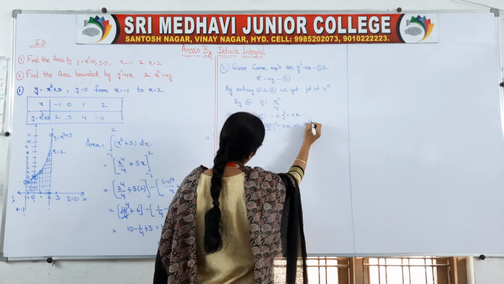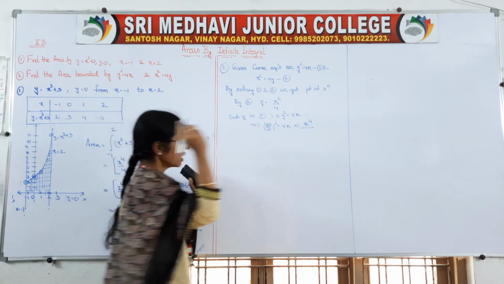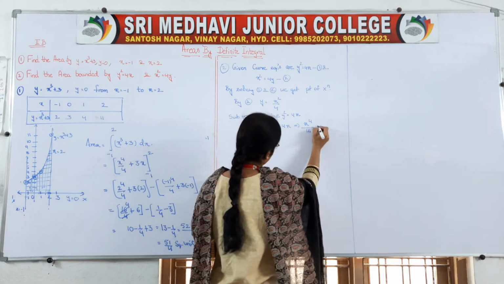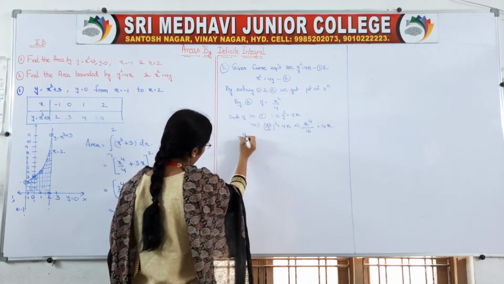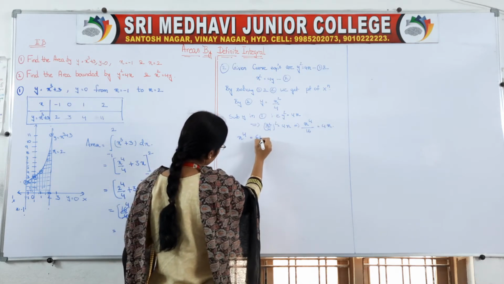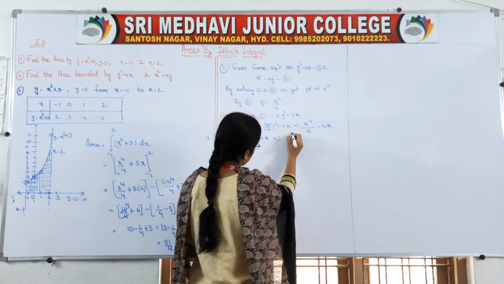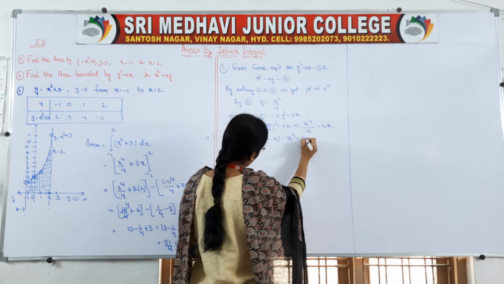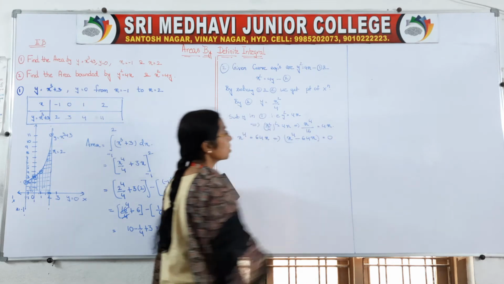So it is x to the power of 4 by 4 square, 4 fours are 16, right? 16 is equal to 4x. So x to the power of 4, 16 fours are 64x. Okay, so we can write this as x to the power of 4 minus 64x is equal to 0.